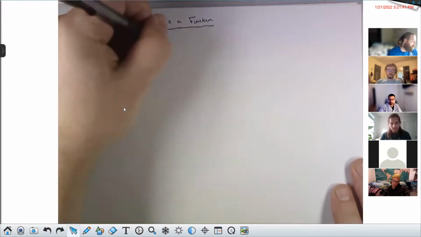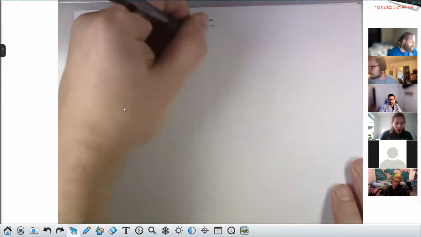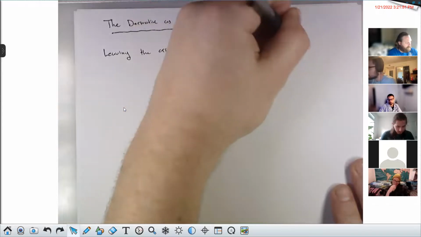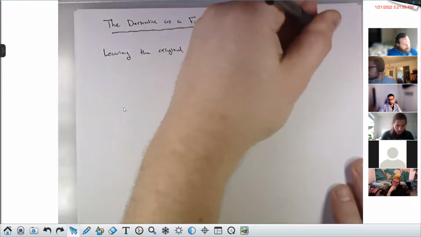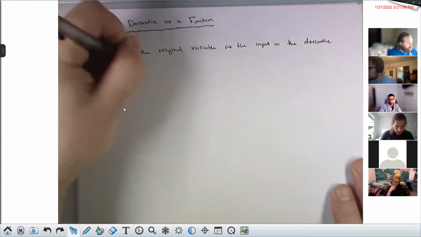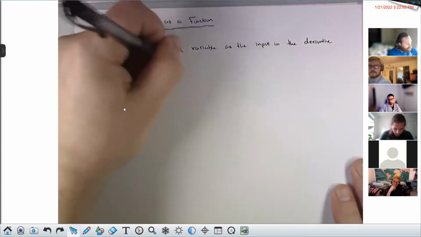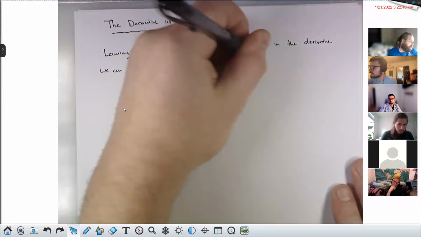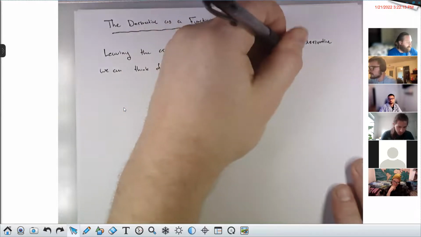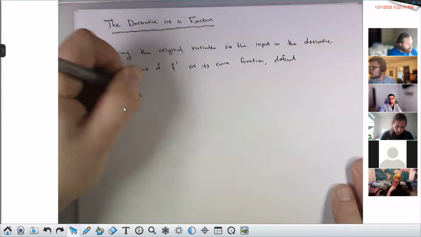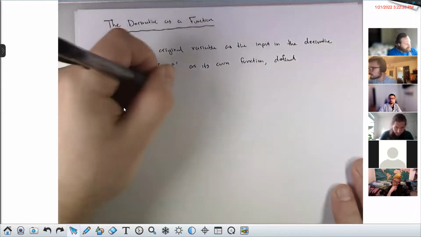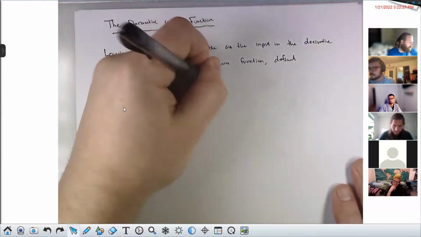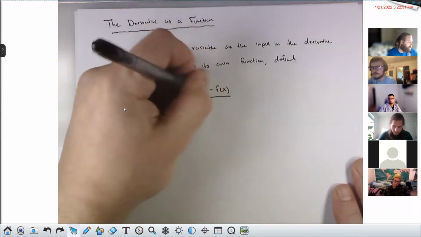Leaving the original variable as the input in the derivative, we can think of f prime as its own function, defined by f prime of x is the limit as h goes to 0 of f of x plus h minus f of x, all over h.